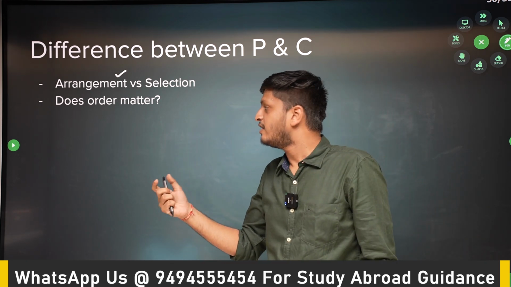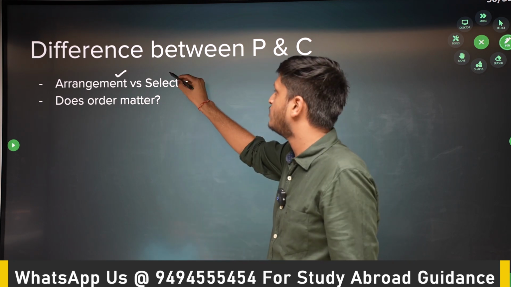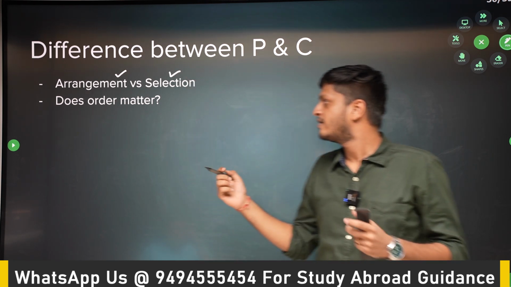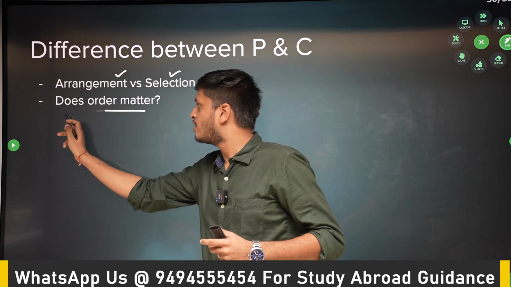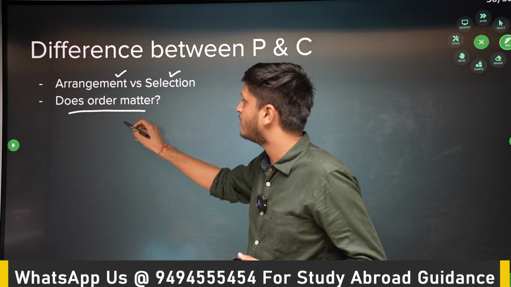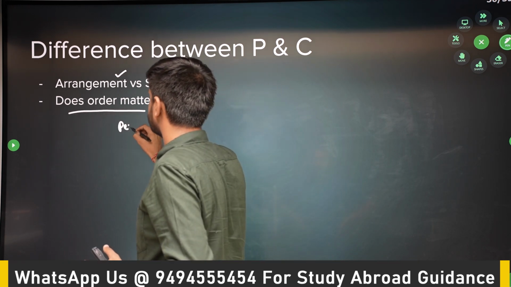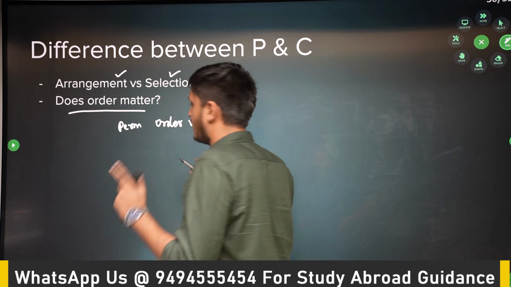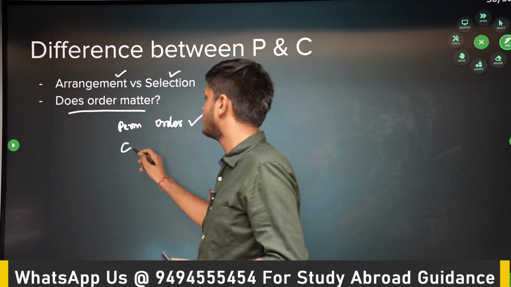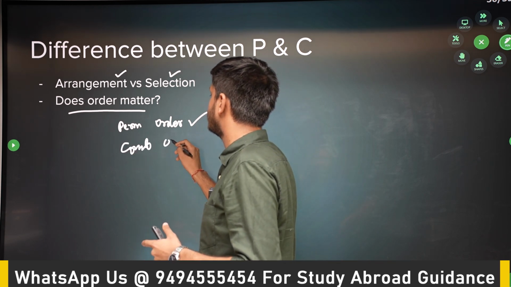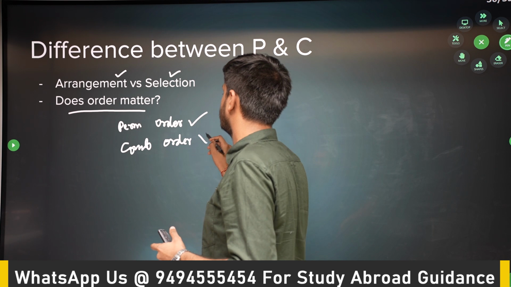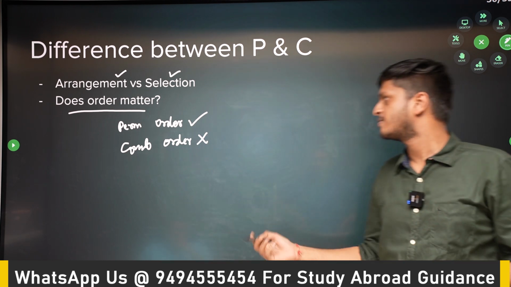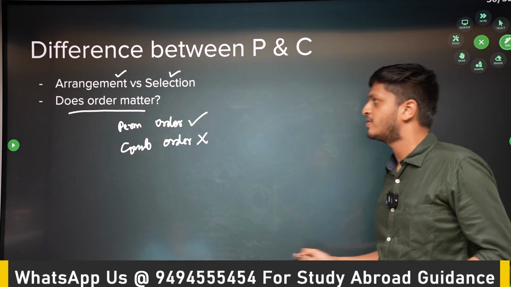So here you are arranging objects, and in combination you are only selecting objects. And does order matter? In permutation, order does matter. In combination, the order of selecting the items doesn't matter. You are just selecting them. So that's the main difference between permutation and combination.